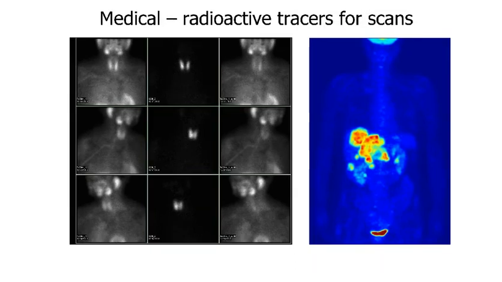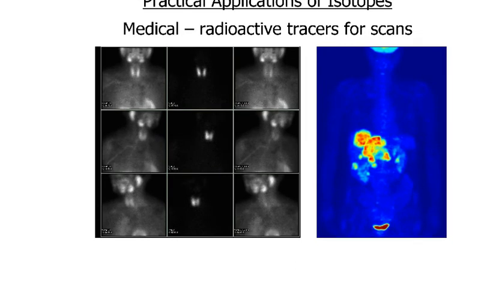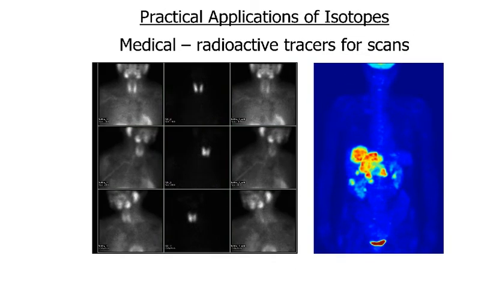First, they can be used medically. Because they emit nuclear radiation, we can detect that with special detectors. So essentially, you can inject somebody with a radioactive element, usually one that's not dangerous, one that's relatively safe and not high energy.